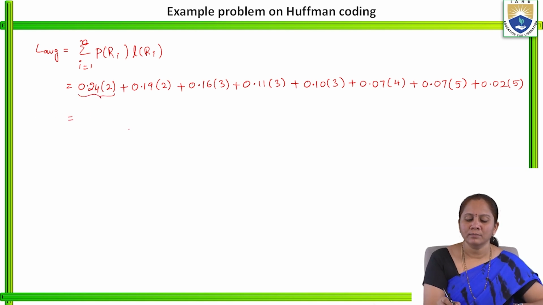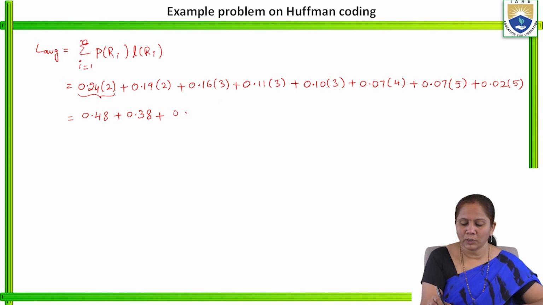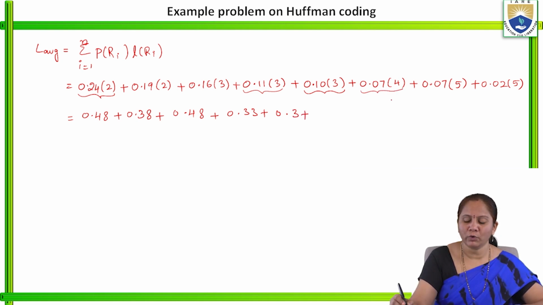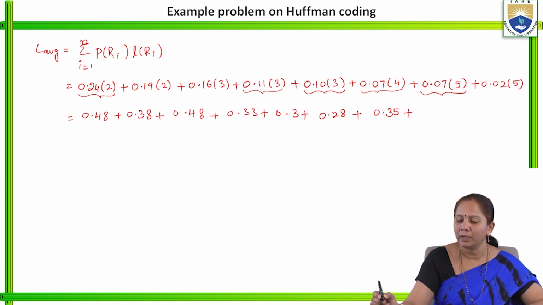So 0.24 into 2 is 0.48 plus 0.19 into 2 is 0.38 plus 0.16 into 3 is 0.48 plus 0.11 into 3 is 0.33 plus 0.10 into 3 is 0.3 plus 0.07 into 4 is 0.28 plus 0.07 into 5 is 0.35 plus 0.02 into 5 is 0.1.